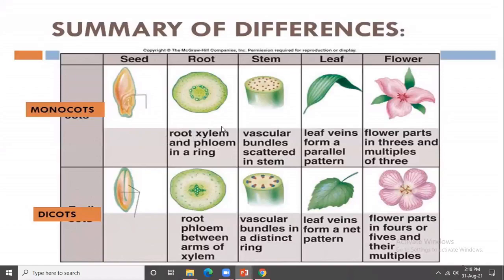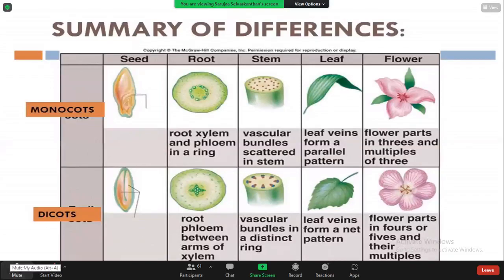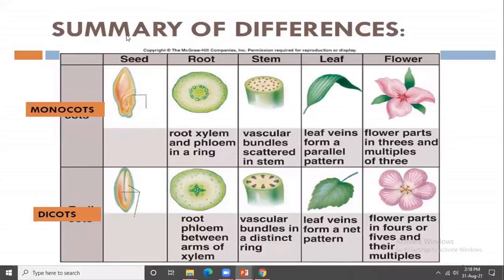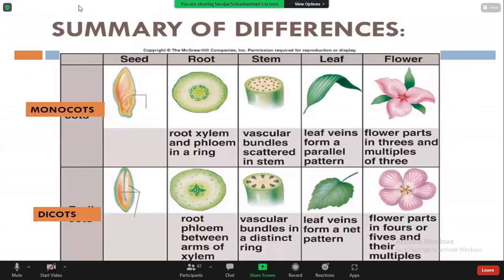Okay, what is the function of xylem? Xylem supplies ions and water to the leaf and top part of the plant. And what is the function of phloem?